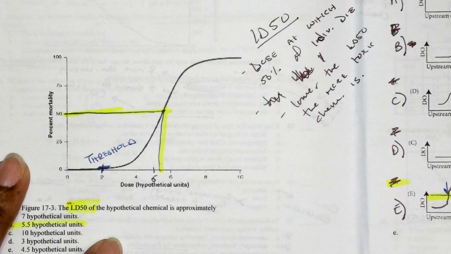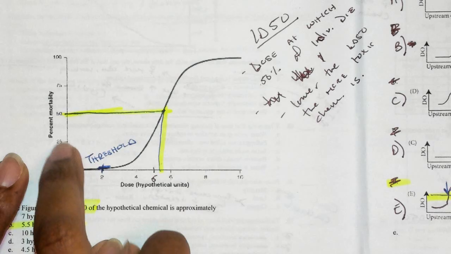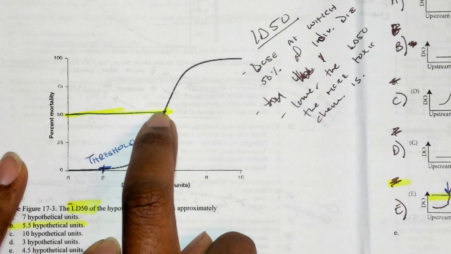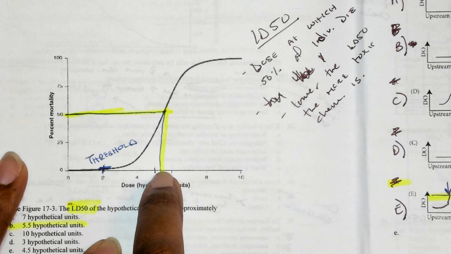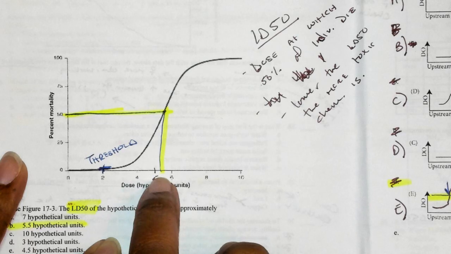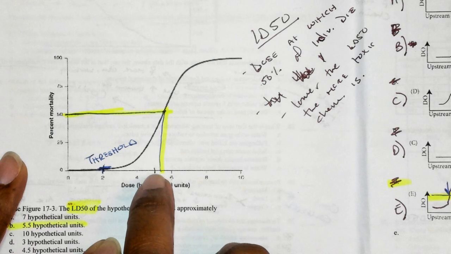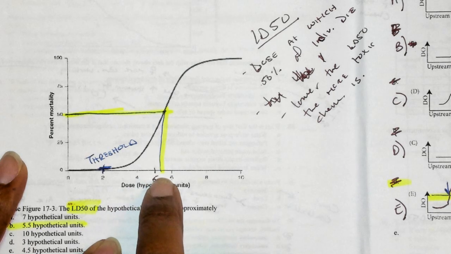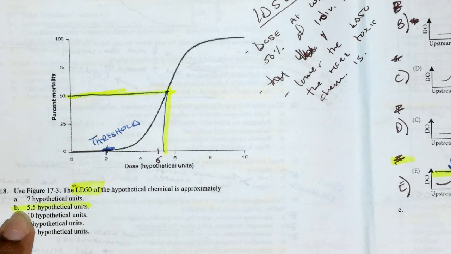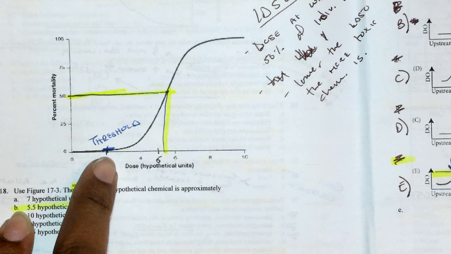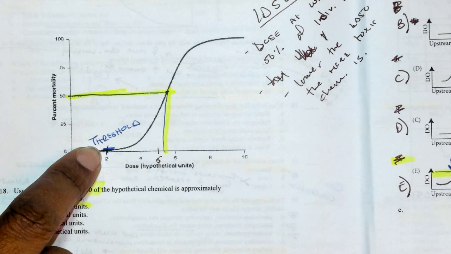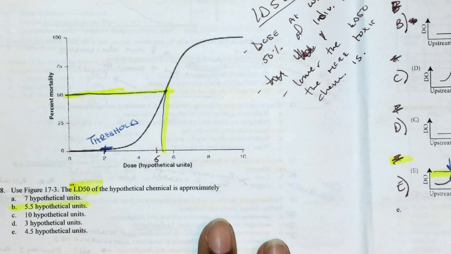So to figure out what the LD50 is, go to the percent mortality, find 50, move your finger over, go down, and that'll tell you what the dose is that is going to kill 50% of the individuals in this situation. It's about 5.5. Okay? Threshold is where you start to see individuals die. That's the threshold. Okay?